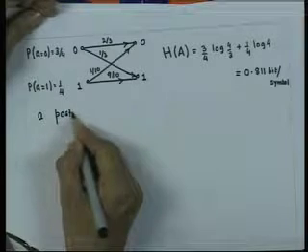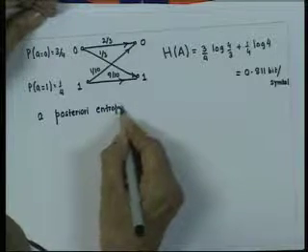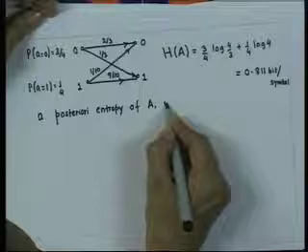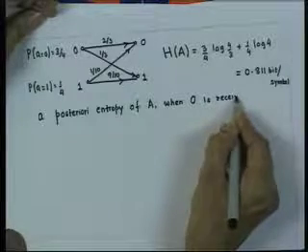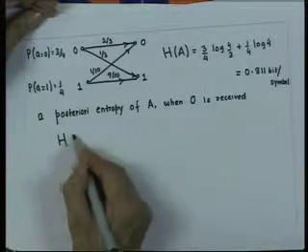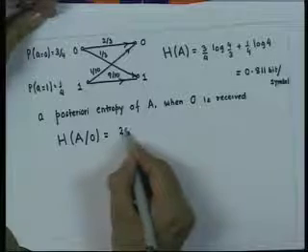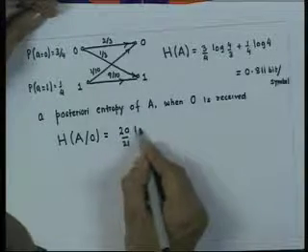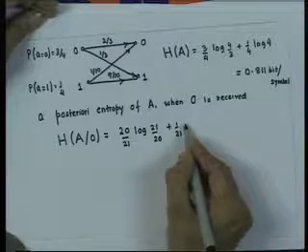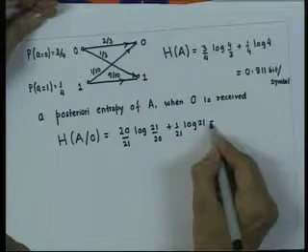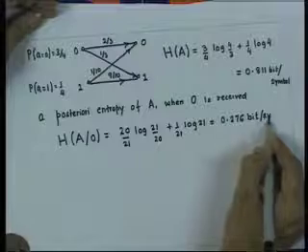So, the a posteriori entropy of A when 0 is received is given by this expression. This is equal to 0.276 bit per symbol.